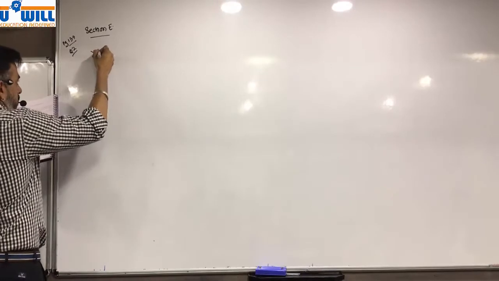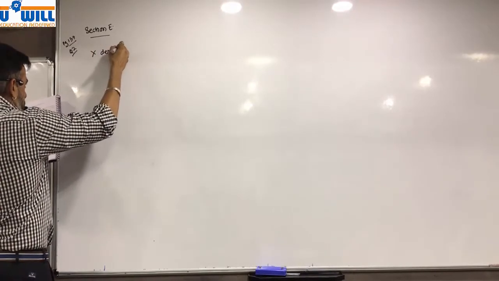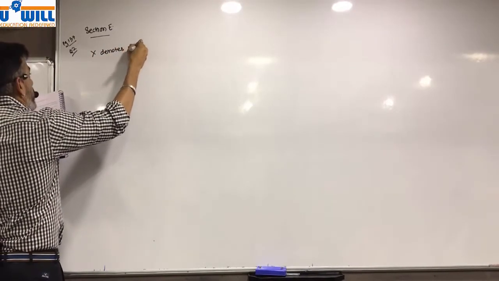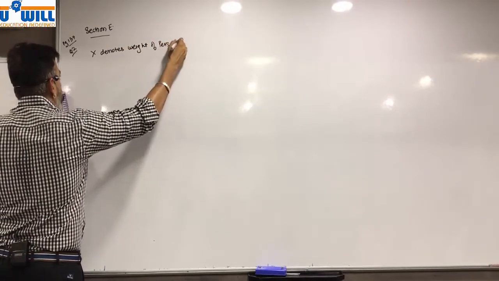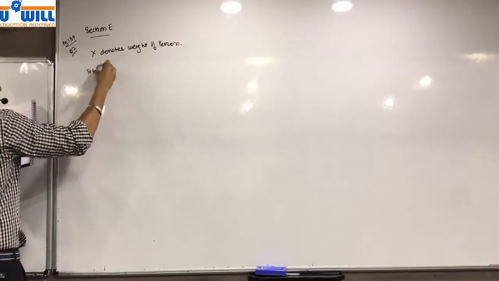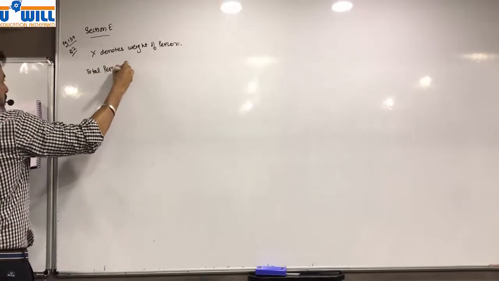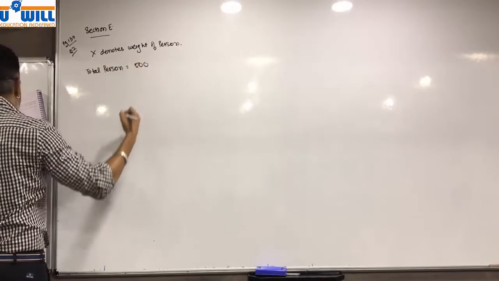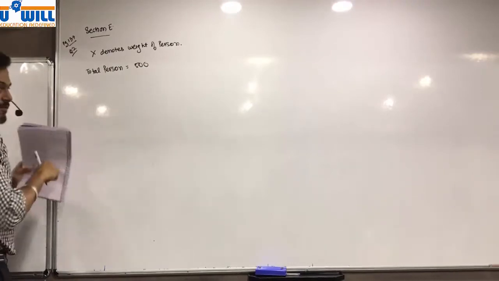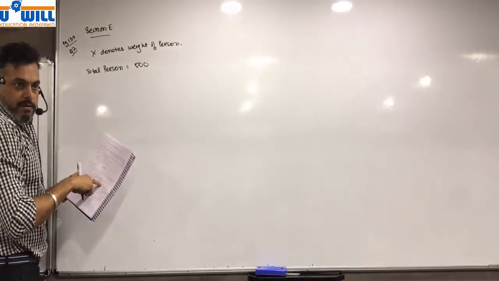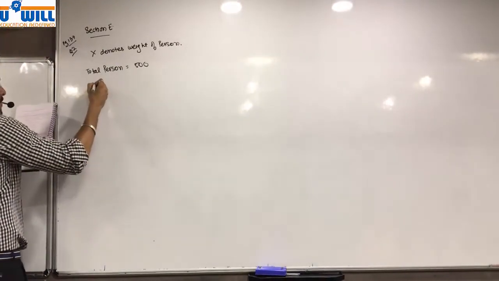X denotes weight of person, total persons is equal to 500. Do we have anything to do with the age? Not required.